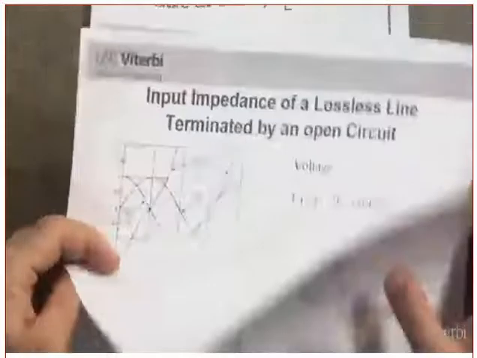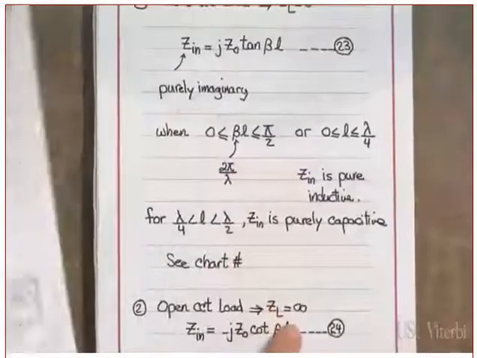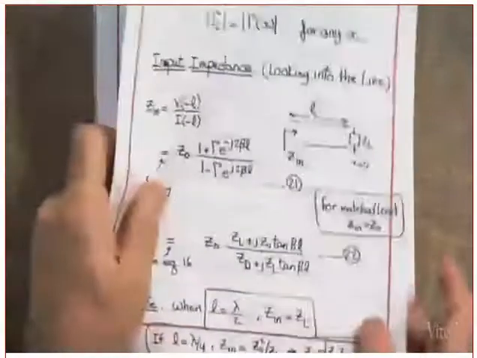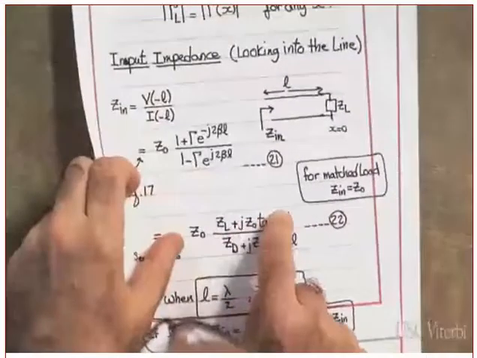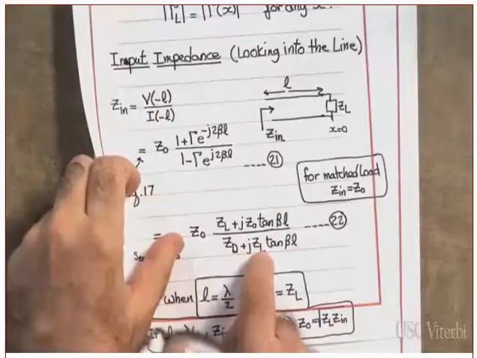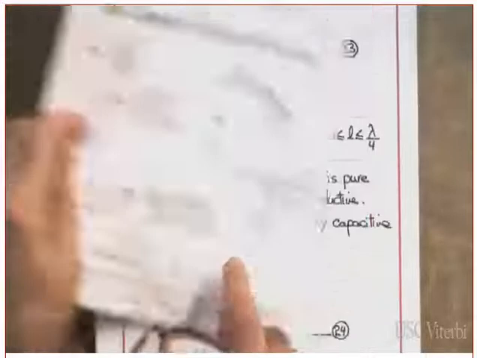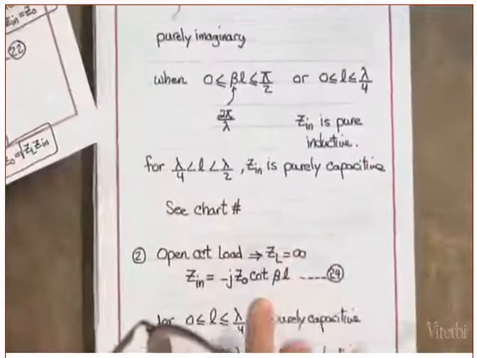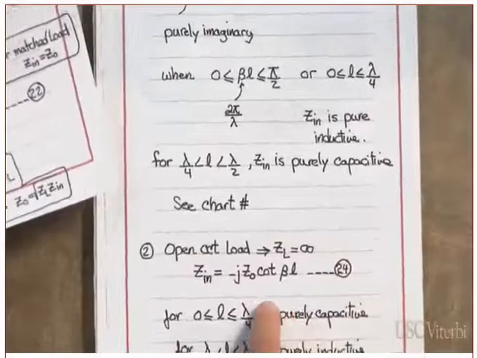Okay. Or if you open circuit, which means what? ZL equal to what? Infinity. What does the equation become here? If ZL equal to infinity, this is negligible. This is negligible. ZL cancel with each other. So what do you get? Minus J Z naught cotangent beta L. Did you answer where this came from?